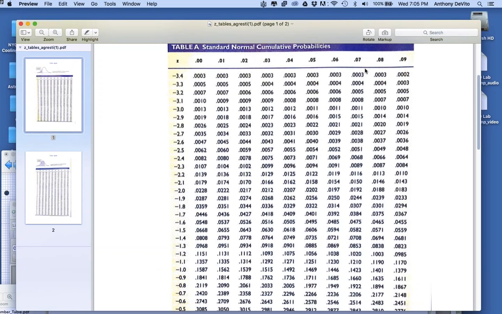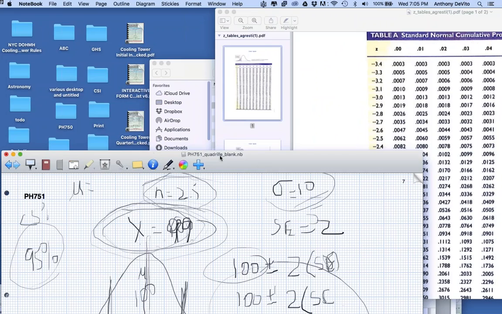So we have 6 to 7, 7 to 8. Oh, I messed it up. Hang on a second. I'm going to have to write it down for this to make sense.